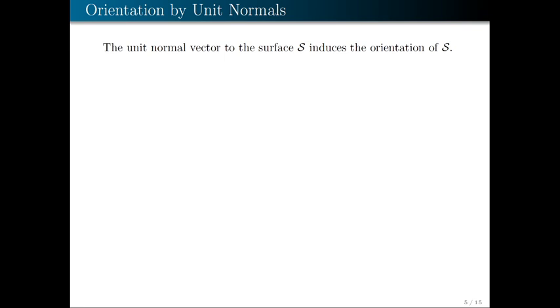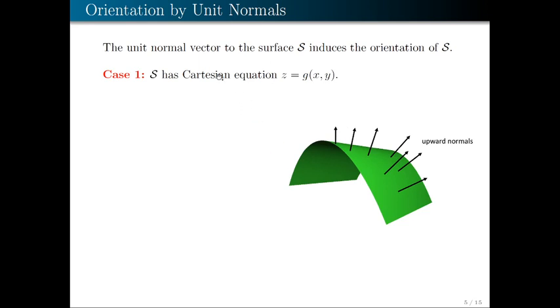Again, we can use the unit normal vector of a surface to give our surface an orientation. We'll have two cases. First, in the case that S has the Cartesian equation, for example, z equal to the function g of x, y, we can easily find the normal vectors to this surface via the use of the gradient.